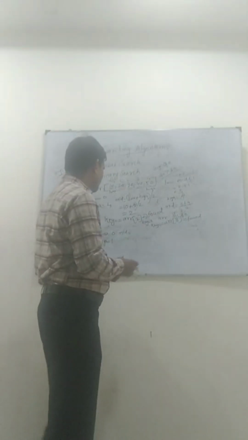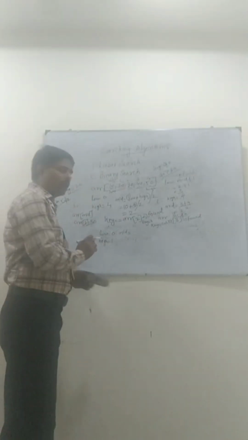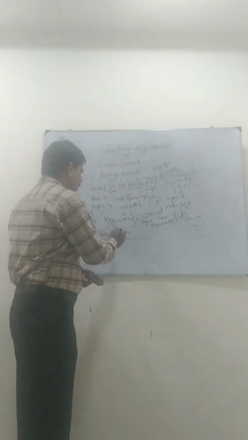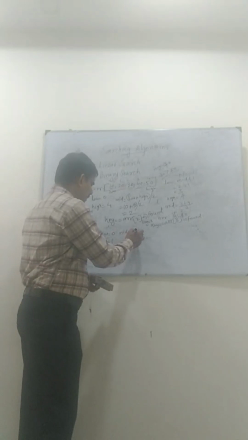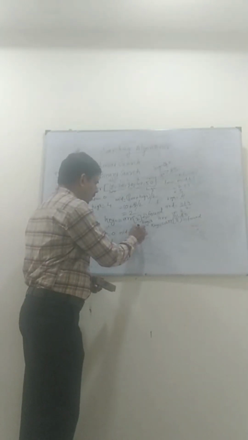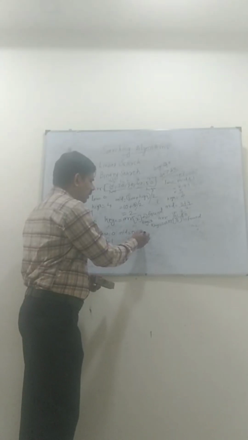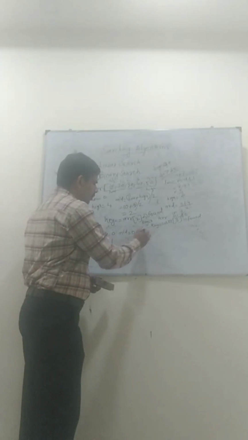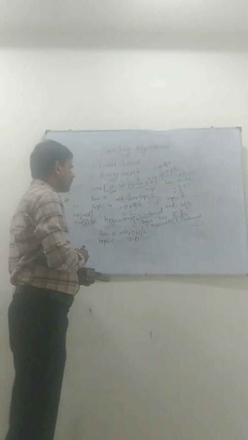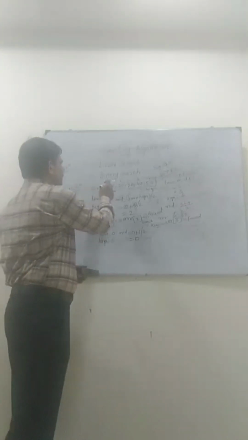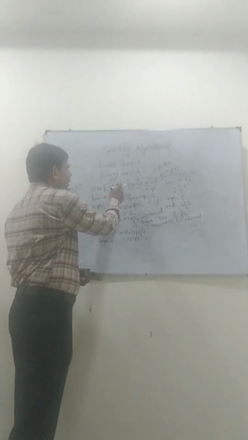Now the low plus high divided by 2. For example, the low value is 0 and the high value becomes 1. Now 0 plus 1 divided by 2. Now the mid value becomes 0. But our search element is 20.